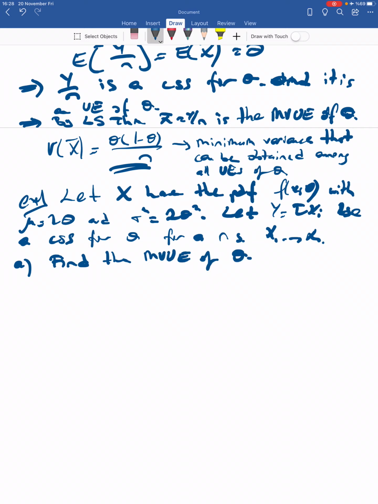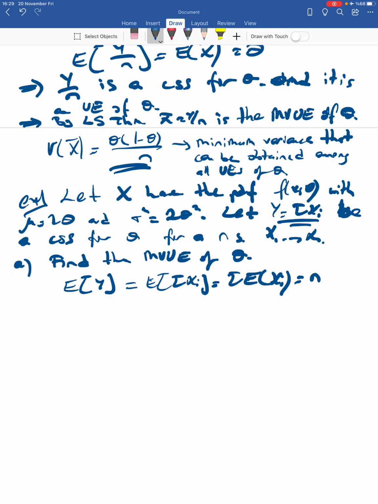Here, we already know that summation xi is a complete sufficient statistic, so we don't need to find that step. So the only thing that we have to consider is the expectation of y and see what the form of that is. If it is a function of theta, it's very easy to do that. So expected y is expected summation xi.